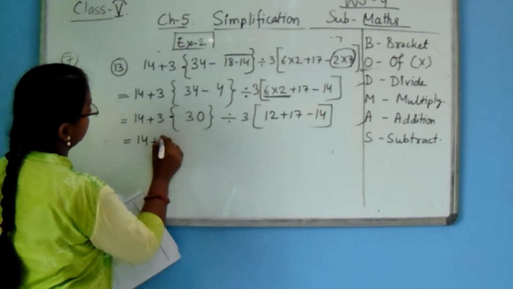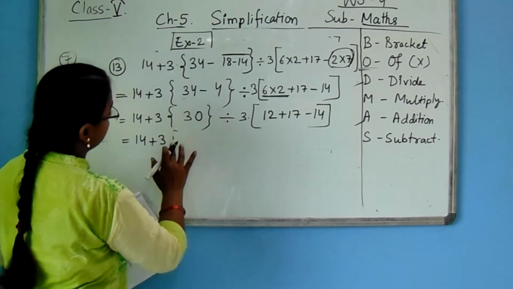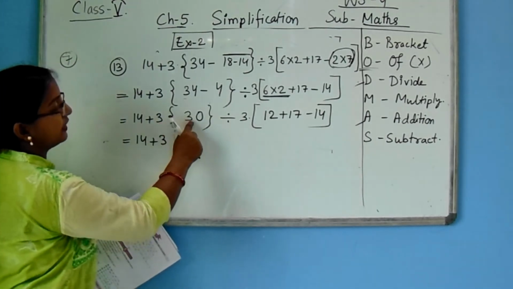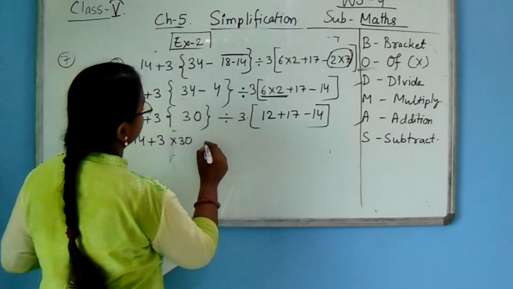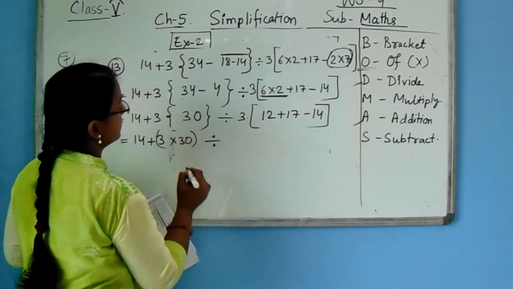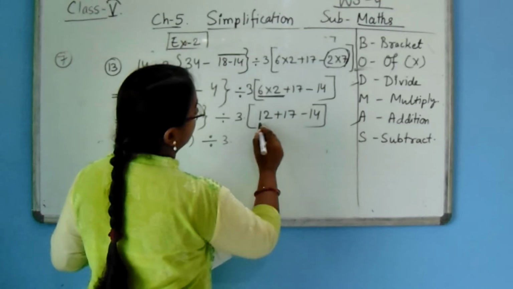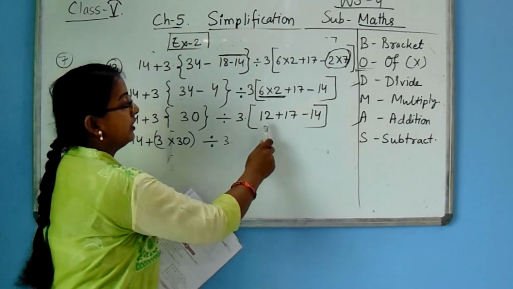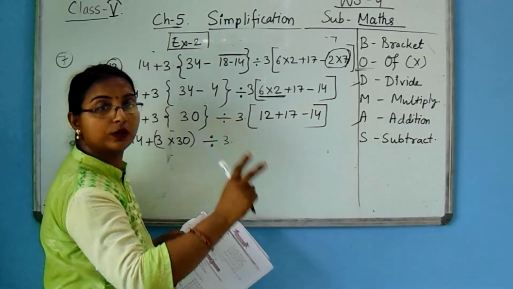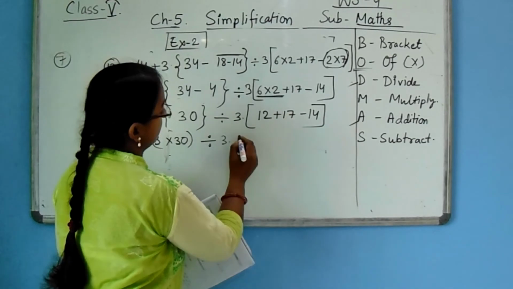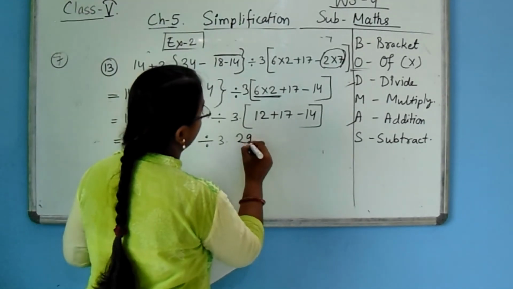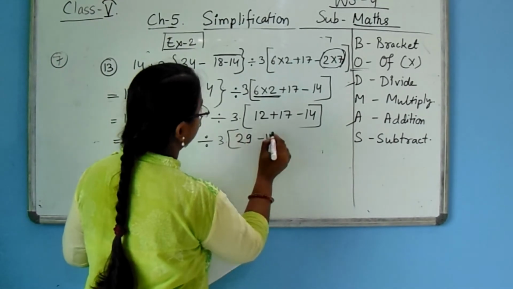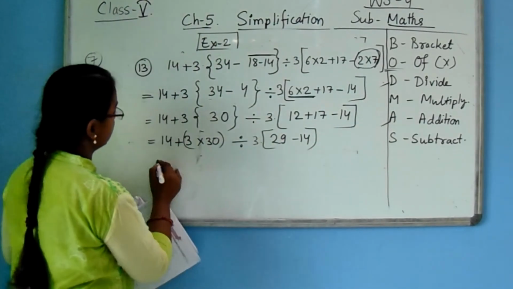Now 14 plus 3, it can be written as 3 into 30. 3 multiplied by 30 divided by 3. Here you can see the positive numbers are two numbers, 12 and 17. It can be added as 29 minus 14, big bracket closed.